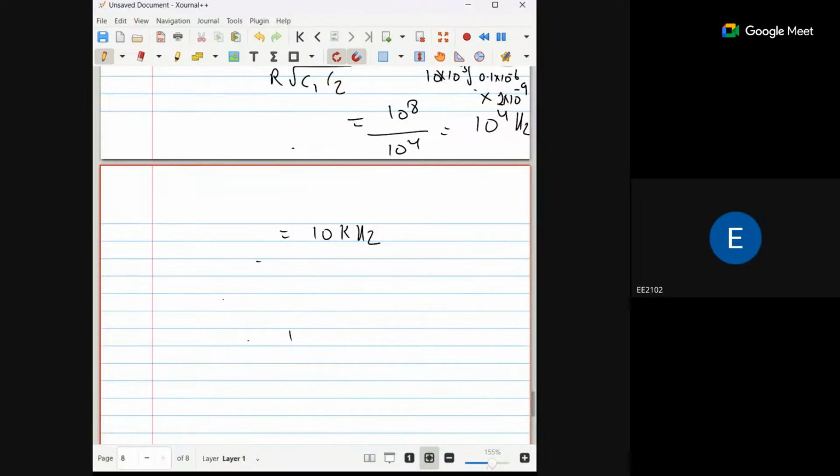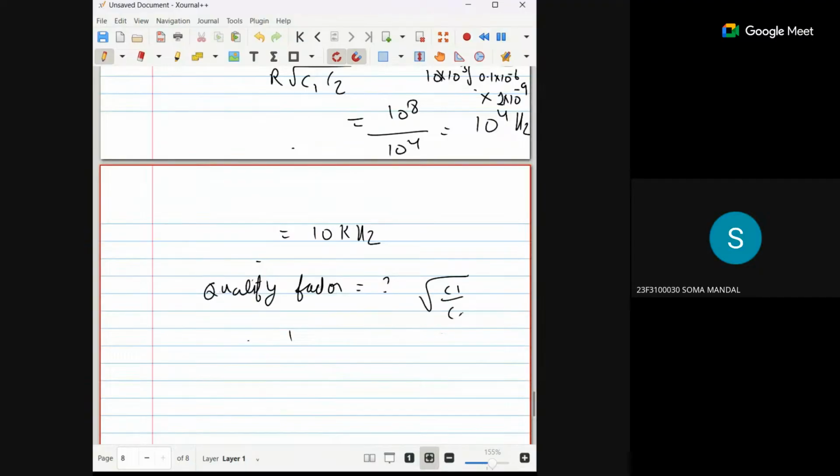And can you tell what is the formula of quality factor for that same? Quality factor, I think it is root C1 by C2.